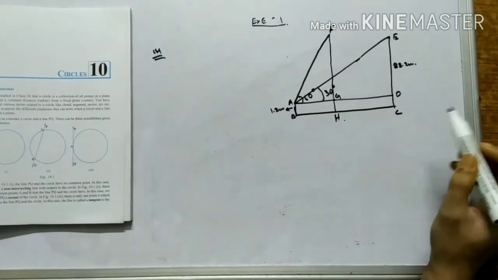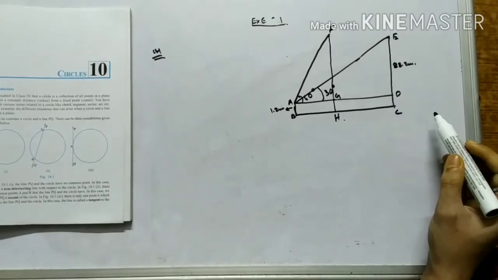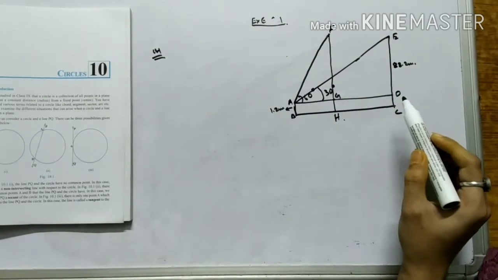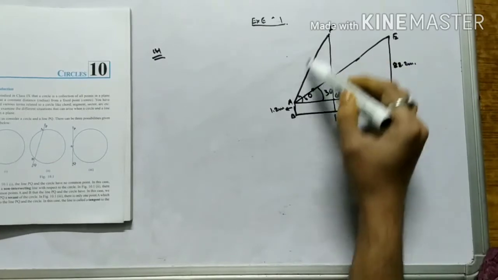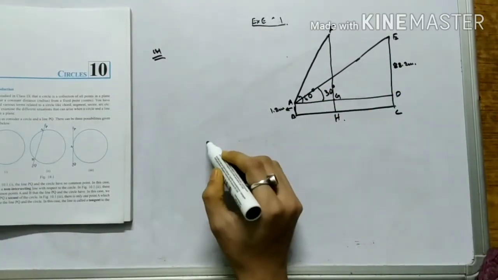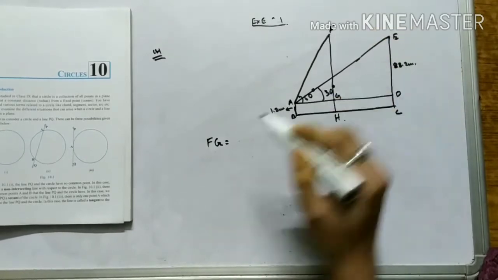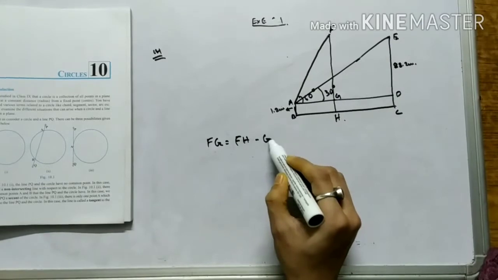So first of all, the angle of elevation is given. In this triangle, FG will be equal to FH minus GH.